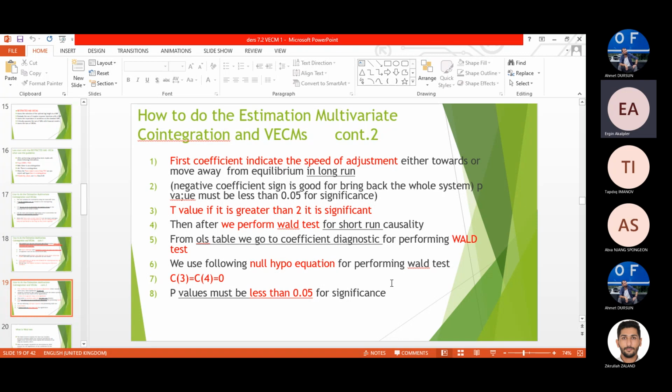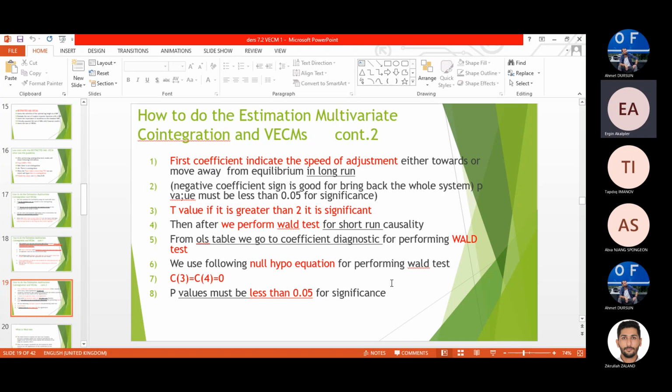A negative coefficient is good; it is the indication that the whole system will be brought back to equilibrium. The p-value must be less than 0.05 for significance, and if the t-value is greater than 2, it is significant, the so-called t-statistic.